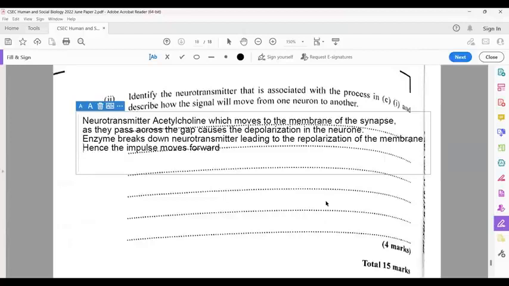It depolarizes forward. Once that has happened, an enzyme breaks down the neurotransmitter, leading to the repolarization of the neuron. Remember, the membrane containing the acetylcholine moves forward. So on the back end, the repolarization happens. Hence, the impulse is seen to be moving forward.